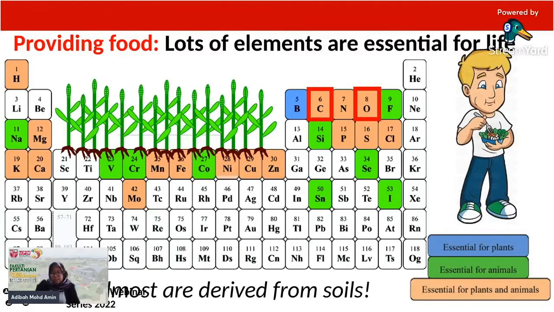Okay, the periodic table shows that almost all the essential elements are derived from soil. The light brown boxes show elements that are essential for animals and plants. Plants take up nutrients via roots. There are about 17 essential nutrients for plants that can be divided into macro and micronutrients.